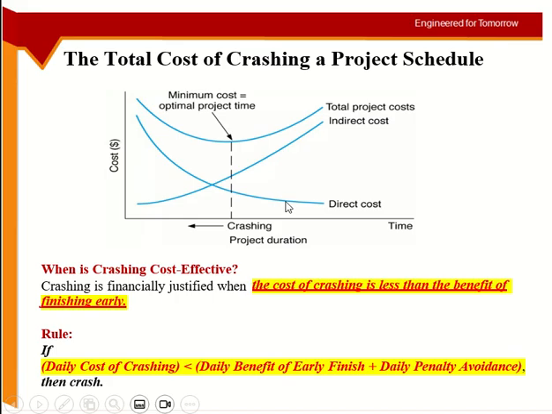When you try to reduce the duration, you will increase the direct cost, and you are also affecting the indirect cost.